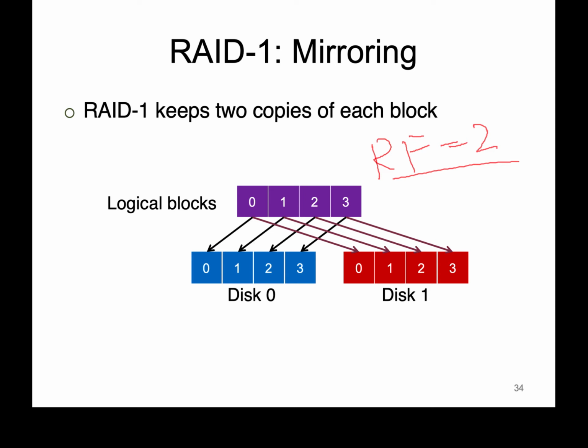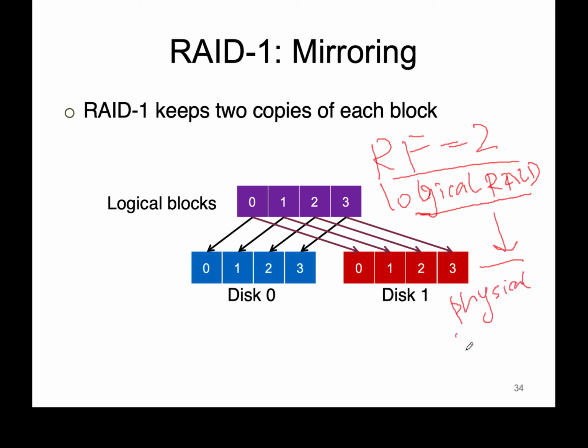So here in this example shown in this slide, we have a total number of 4 logical blocks, and this layer represents the logical RAID layer, and the second layer underneath it is the physical hard disk drive layer.